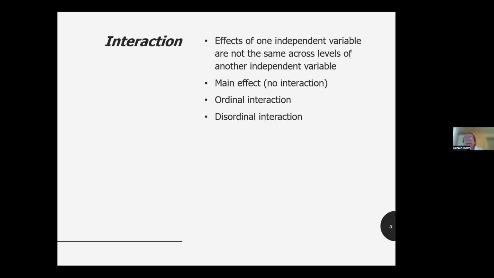If they're the same, then we have what we call a main effect. There's no interaction. And then there are a couple of different kinds of interactions, what's referred to as an ordinal interaction or a disordinal interaction.